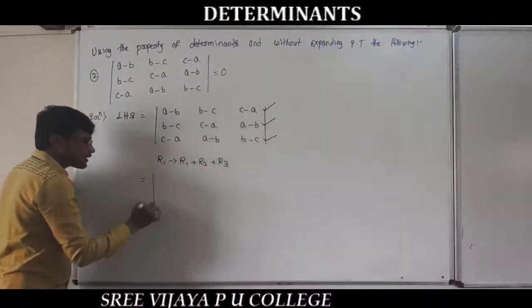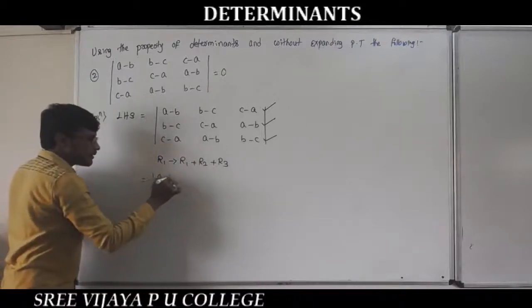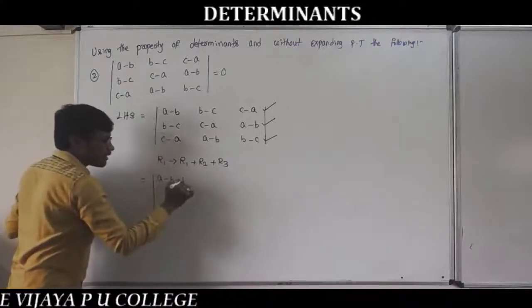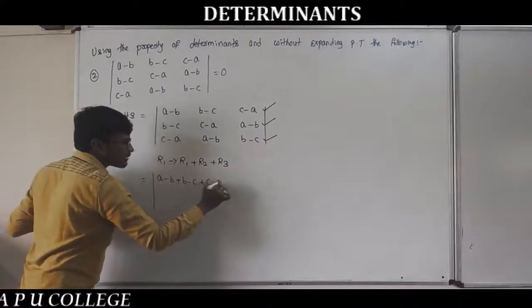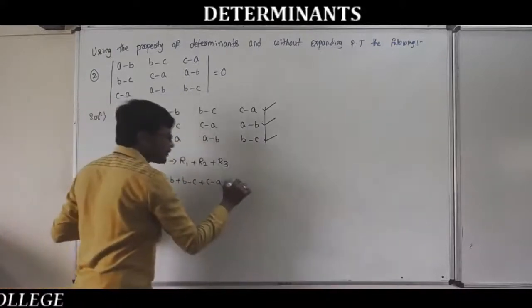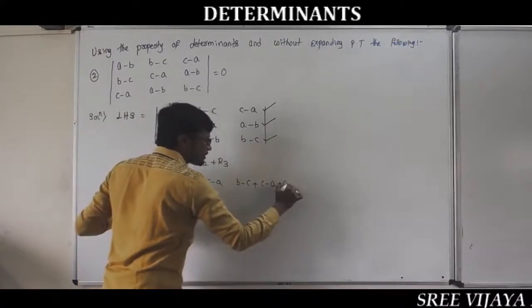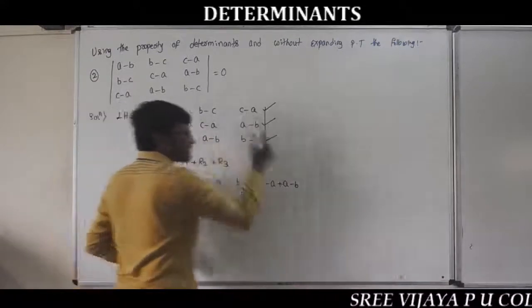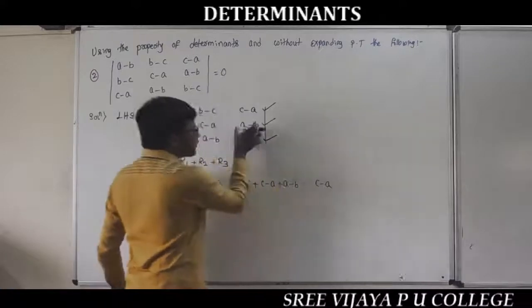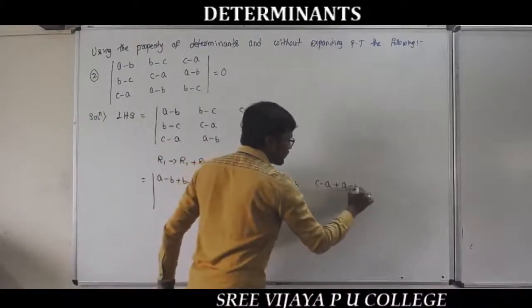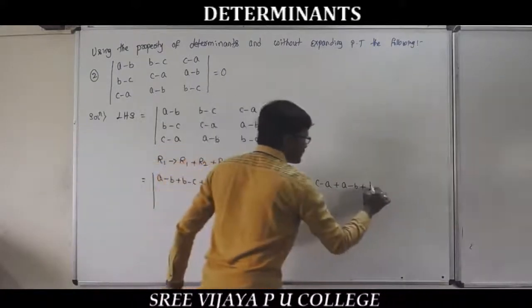So writing the corresponding elements. R1 is first element A minus B. Next R2 is B minus C. R3 is C minus A. Next again B minus C plus C minus A plus A minus B. Next again C minus A plus A minus B plus B minus C.